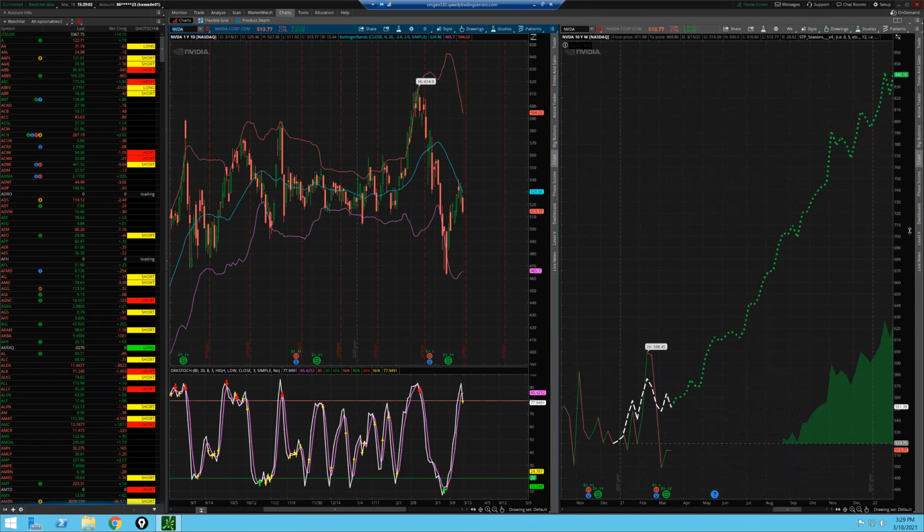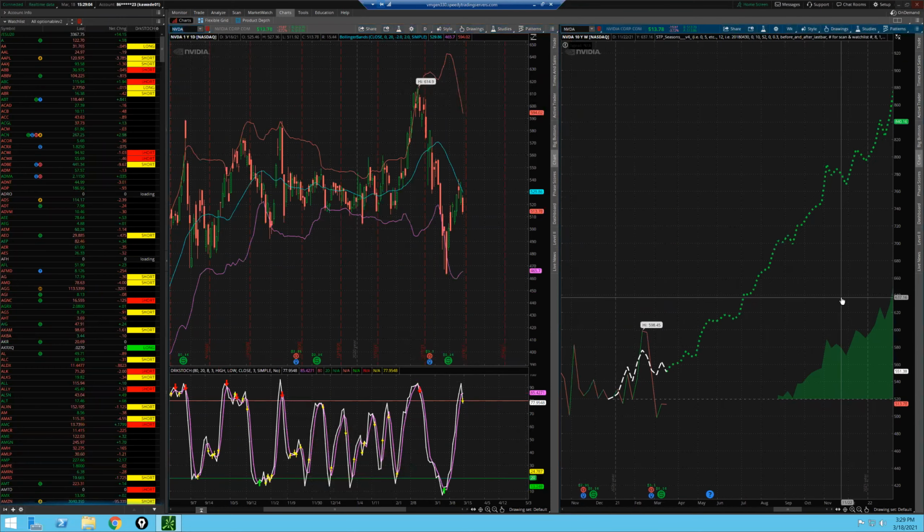All right, Nvidia. First of all, looking at a stock like Nvidia, from left to right, we should have headed higher, and it started higher, and then it's made a nice push down. So it's actually trending lower right now.